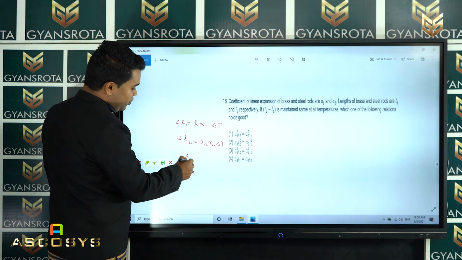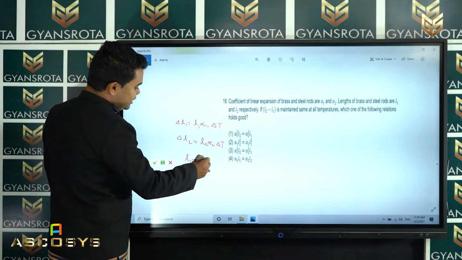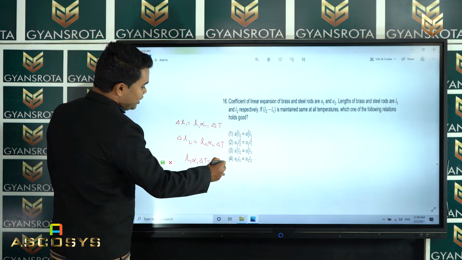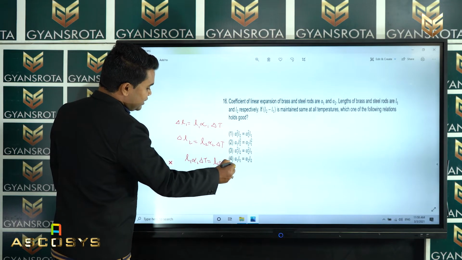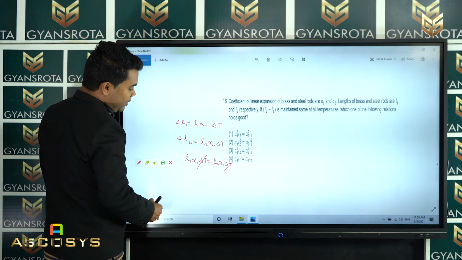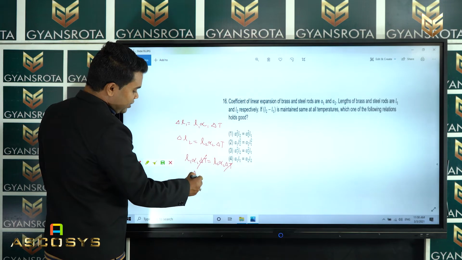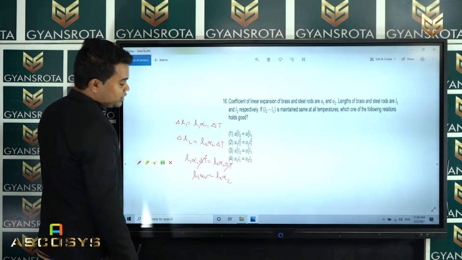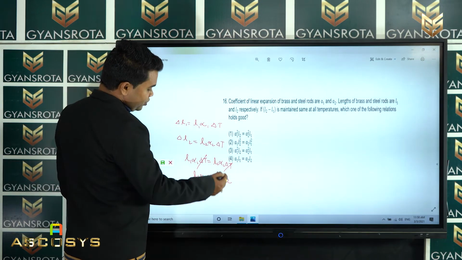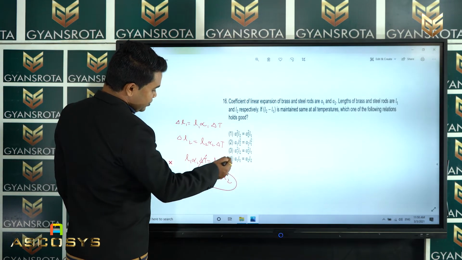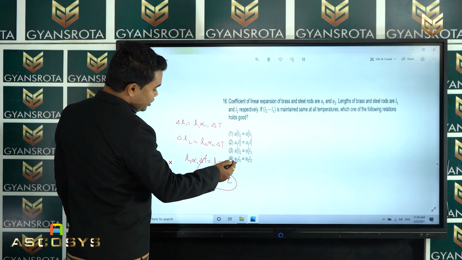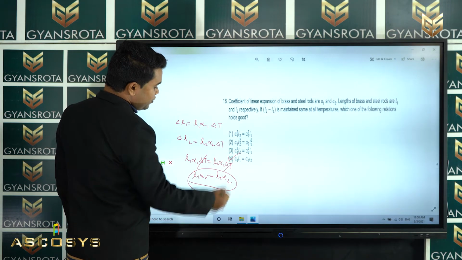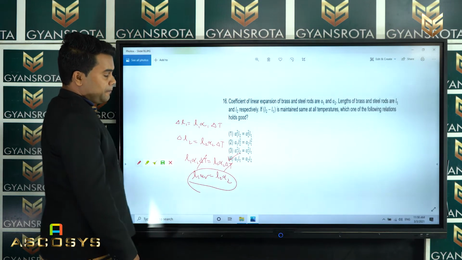Therefore L1 alpha 1 delta T will be equal to L2 alpha 2 delta T. Delta T gets cancelled out. So your final answer is L1 alpha 1 is equal to L2 alpha 2. So you search in the options which one. So if you see my option and this one is same, just I have got it as L1. So option number 4 is the correct answer.